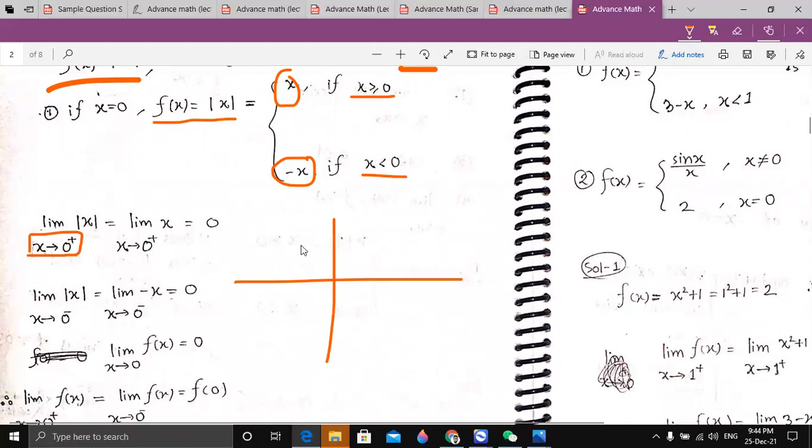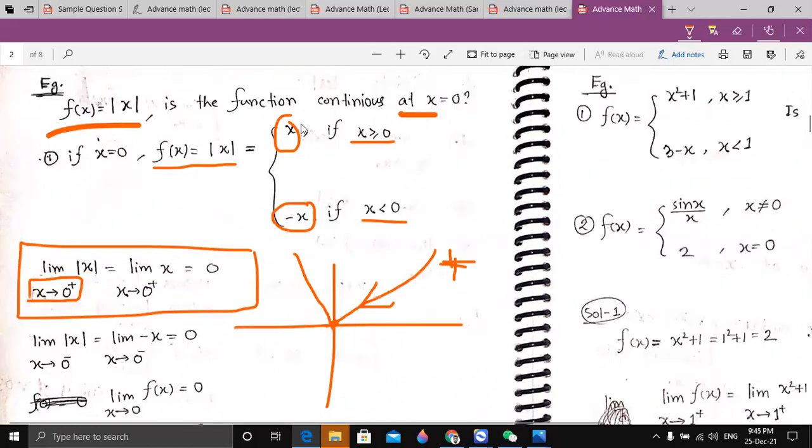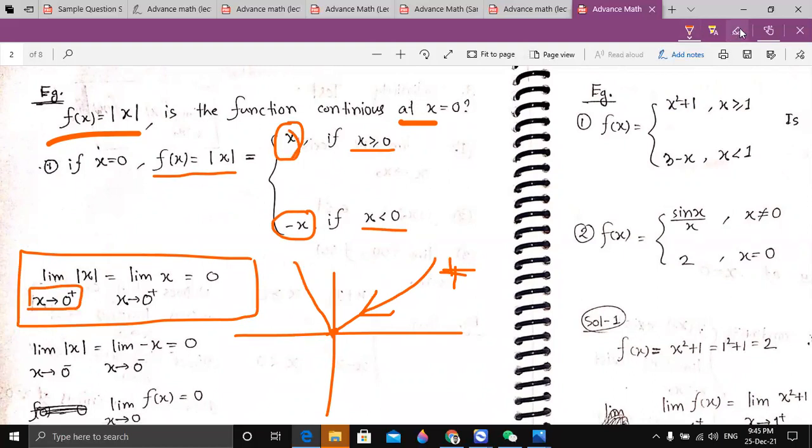If I draw the graph, it is like a function that is coming from plus to 0. So for limit x tends to 0 plus modulus x, it will be plus x.